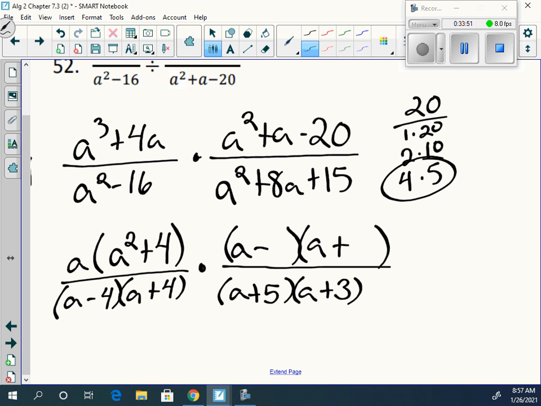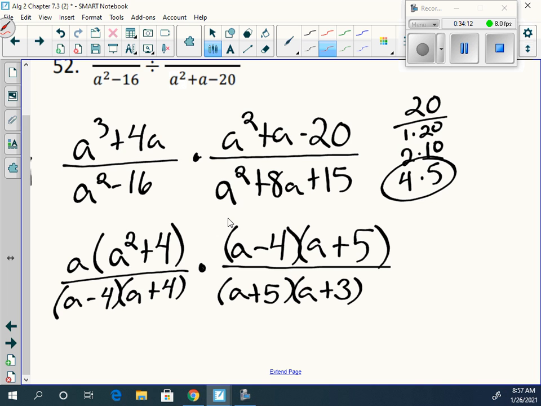I'd say 4 and 5, yes? Which one would be positive? Which one would be negative? Because, hey, I have an a plus 5 on the bottom, and I do have an a minus 4. And it does work out that these are the correct factors.